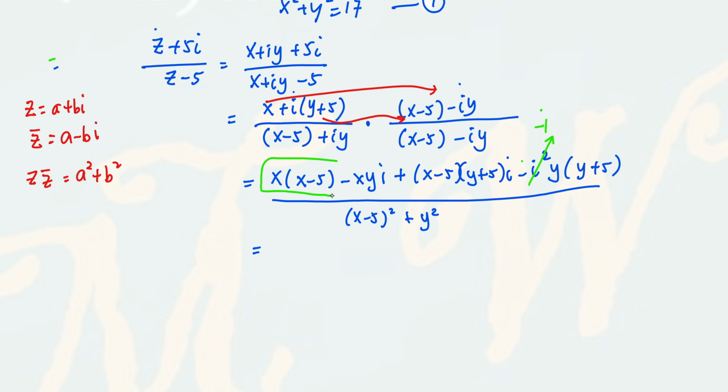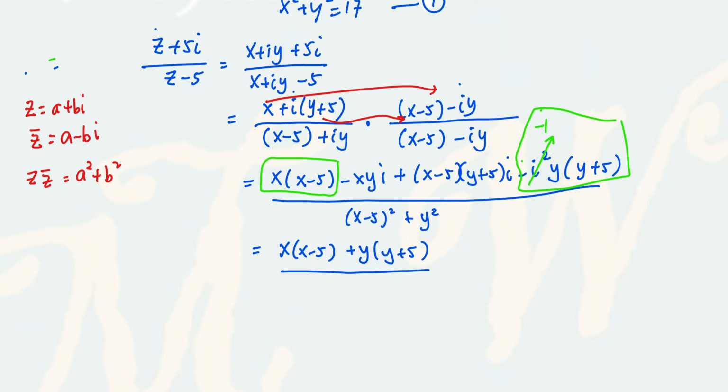Now, my first and last term will be my real part. So I will group them together and can just do expansion. So here, probably I just group them first. And I split it into real and imaginary part.